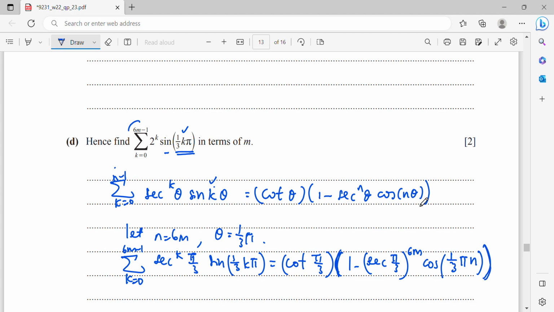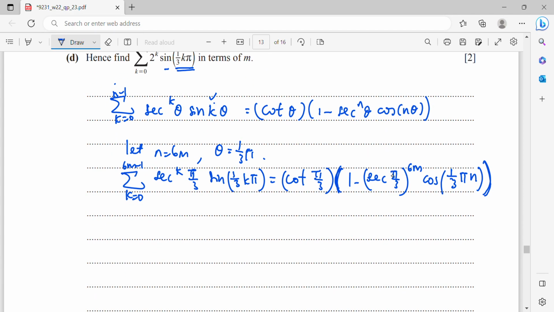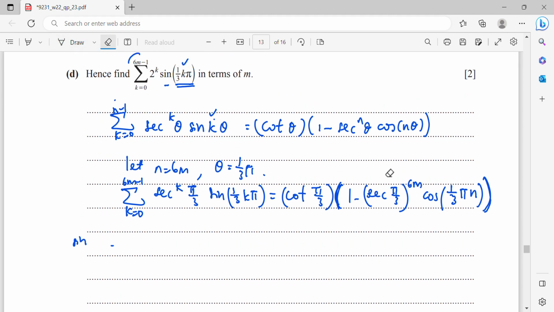Right? So now we know that sine pi over 3 is, okay, wait, not sine. We need to keep the sign. Right, so now here we need to keep the sign. We keep this. So we need to solve the secant. So secant pi over 3 is 1 over sine pi over 3, which is 1 over half. And then you get 2.